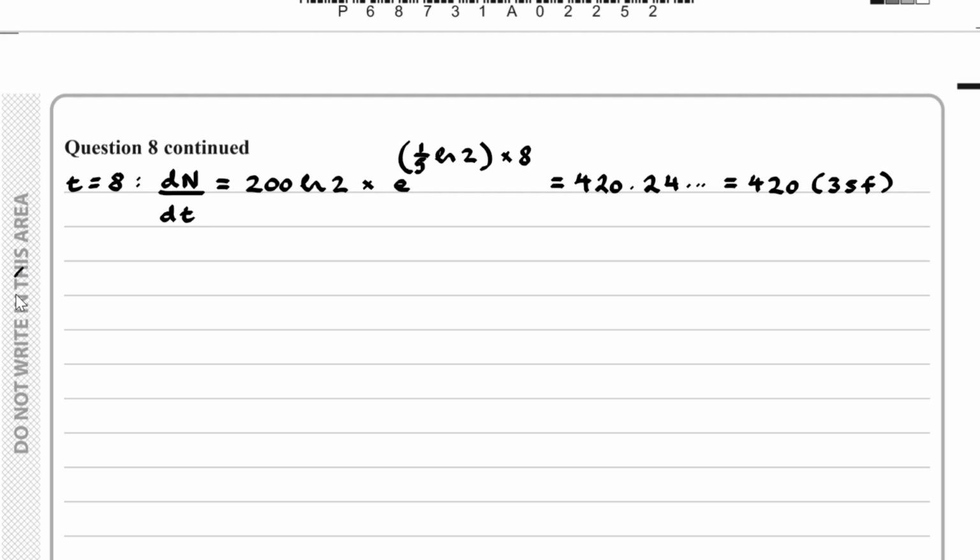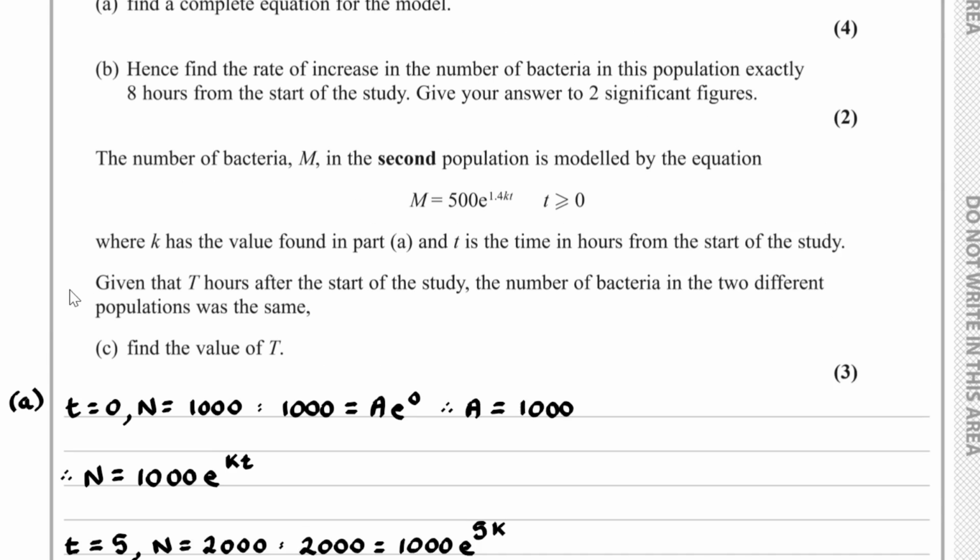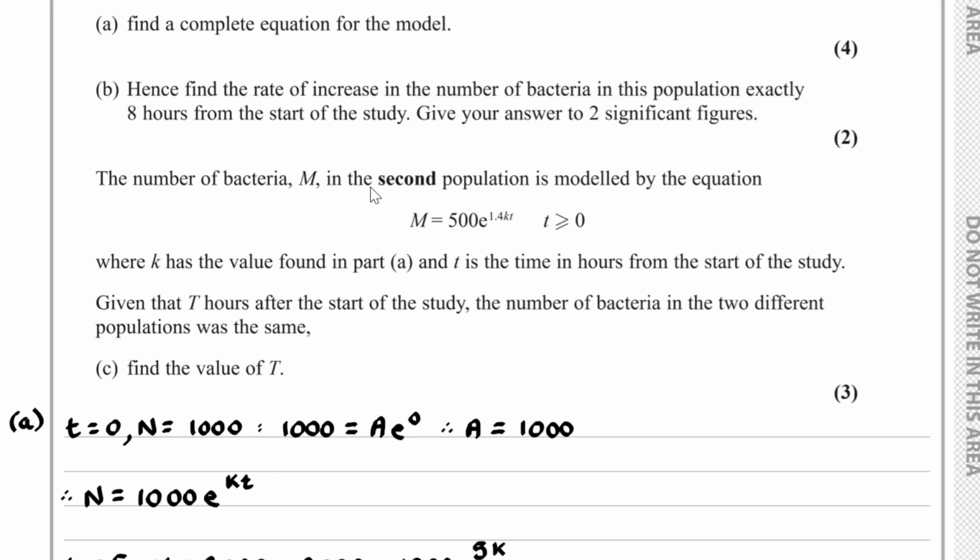And now for part C, the number of bacteria M in the second population is modelled by the equation M equals 500e to the power of 1.4kt, where t is greater or equal than 0.